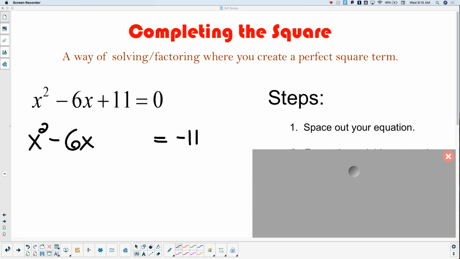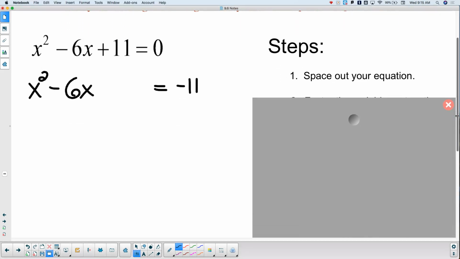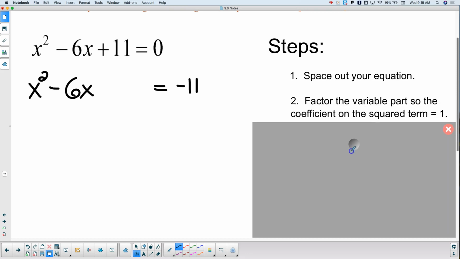So that's our first step: we're going to space out our equation so that we have just variables on one side and the number moved to the other side. Okay? Then, step number 2. We are going to factor the variable part so that the coefficient on the squared term is equal to 1.